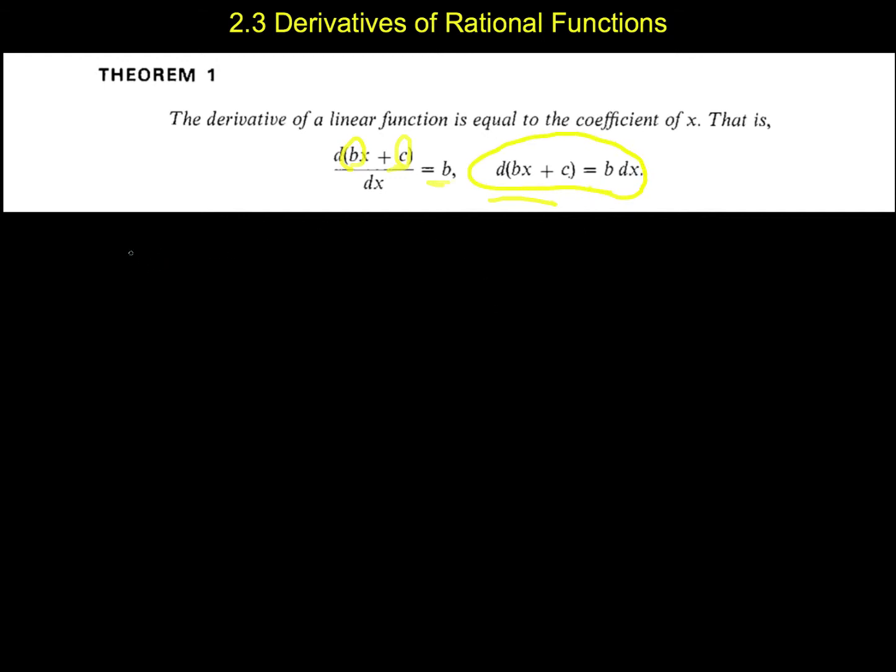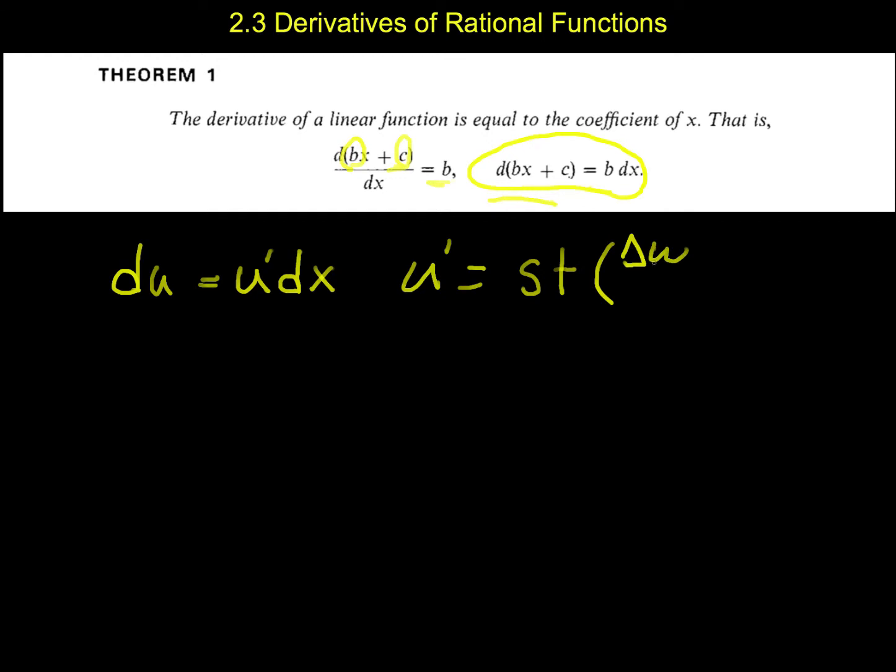Now remember that we have that du is equal to the derivative of u, dx. And u prime itself, in general for any function, if it exists, is the standard part of the change in u with respect to the change in x.